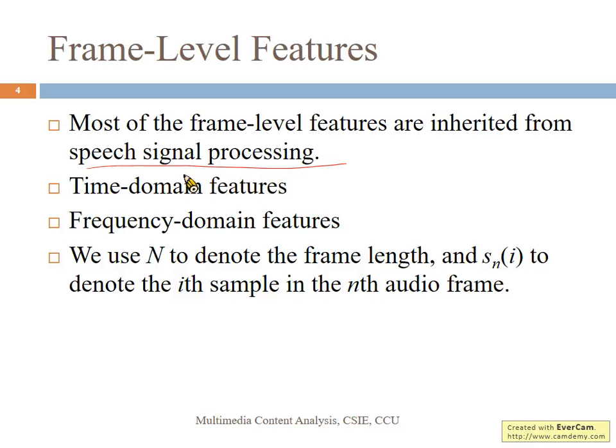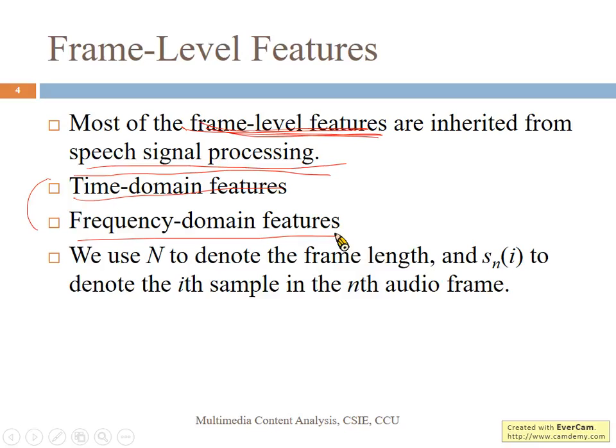When we started to do audio analysis, the frame level features were mainly based on the study of speech signal processing. We can roughly divide the features into two types: time domain features and frequency domain features.